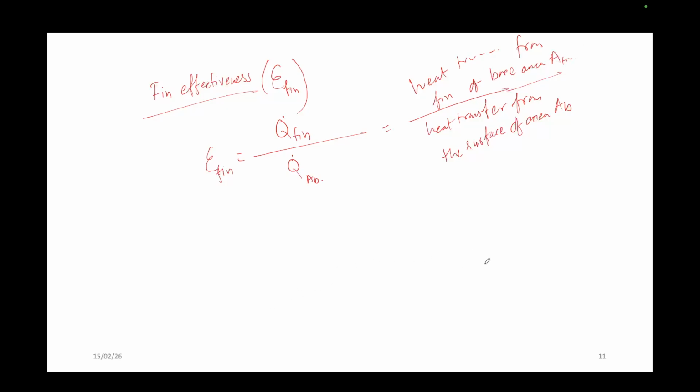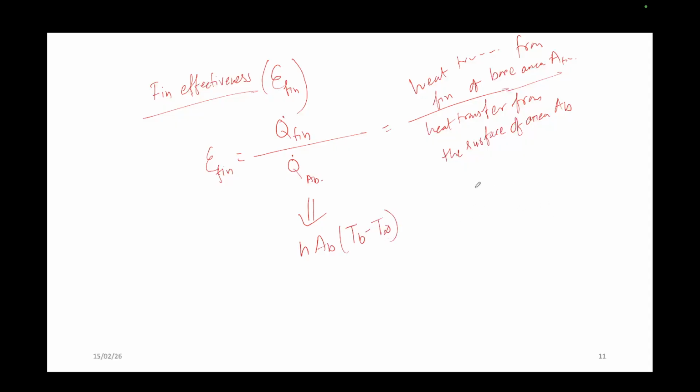Like in these cases, whatever was said about the unfinned surface, you can consider it here. So basically this you can write as h AB (T_b minus T infinity).